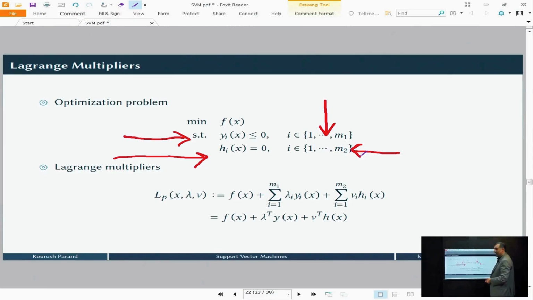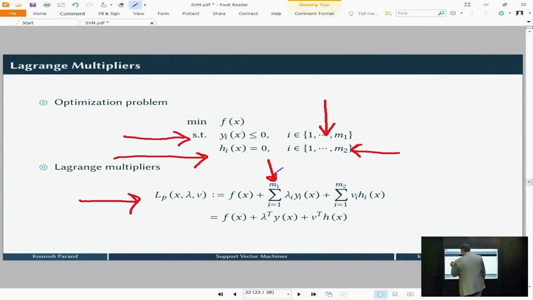Alright, friends, we want to solve this. As explained in previous sessions, we define the Lagrangian function in this form: f of x plus the sum from i equals 1 to m1 of lambda i times g_i of x, plus the sum from i equals 1 to m2 of v_i times h_i of x, corresponding to the constraints.